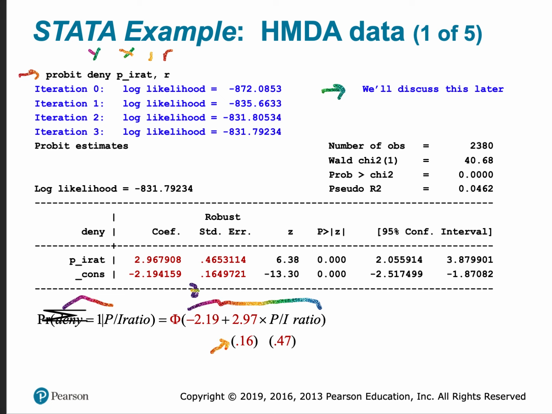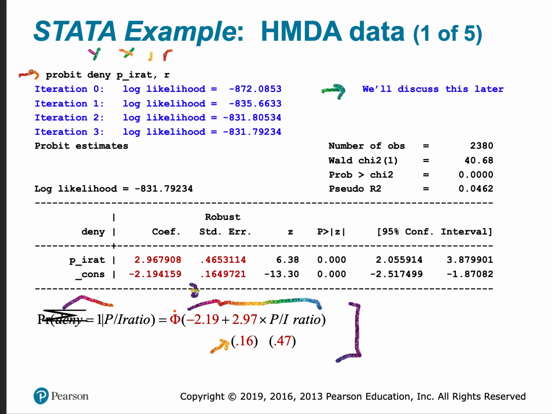That's the standard error for our constant, and the coefficient on the payment to income ratio is 2.967908. So we plug in the value of beta 1, 2.97 times the payment to income ratio, with a standard error of 0.47. So this is our estimated sample regression, where the predicted value of z is negative 2.19 plus 2.97 times payment to income ratio.